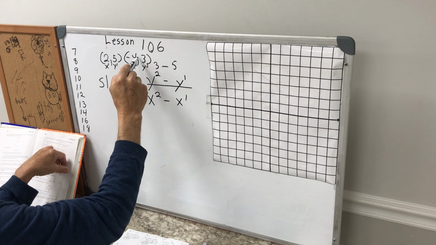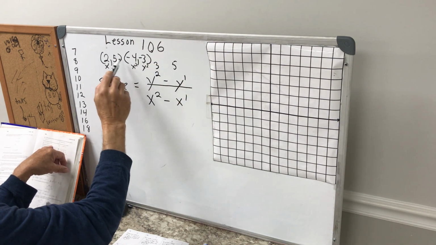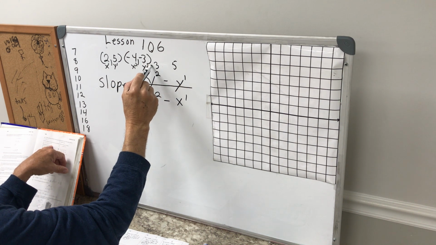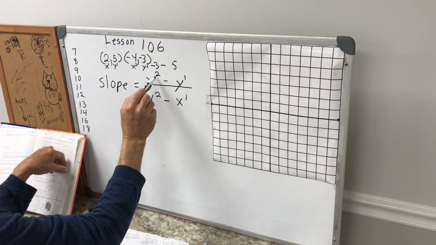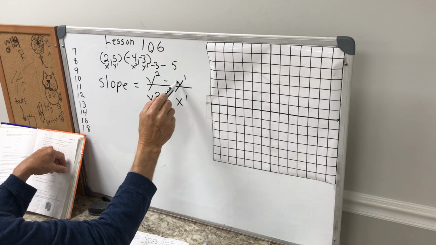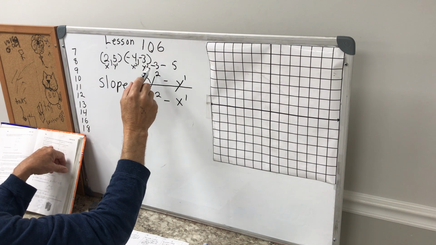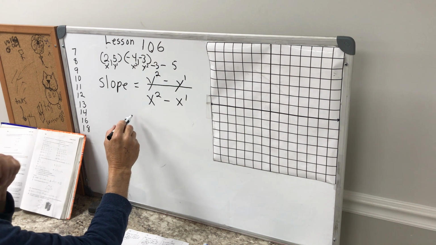I'm sorry, this is a negative 3. I thought something was wrong here. Okay, a negative 3 and a negative 5. y2 is a negative 3, y1 is a 5, but we always subtract it. So right here's your subtraction. Negative 3 and a negative 5, if you put those together, are you agreeing with me?